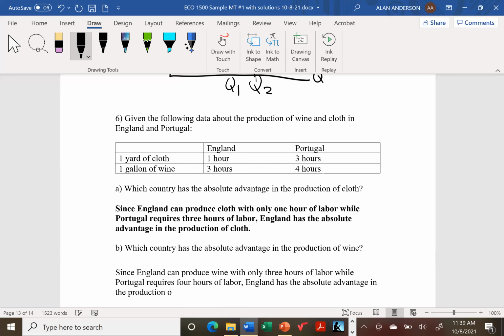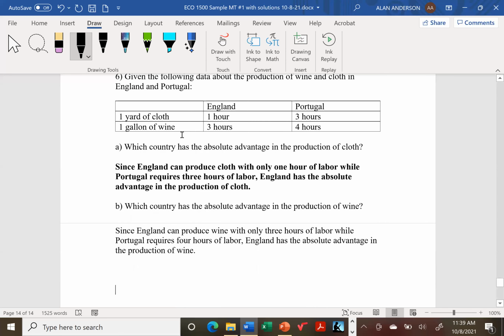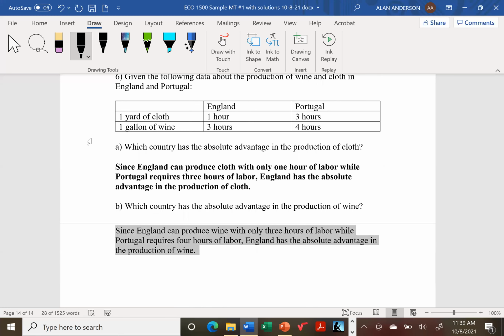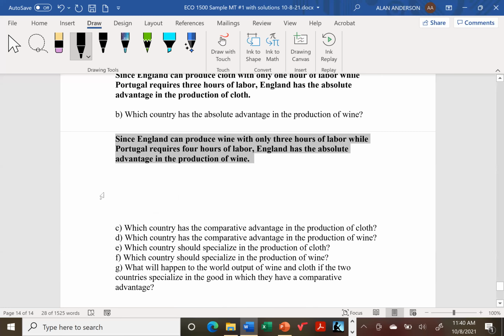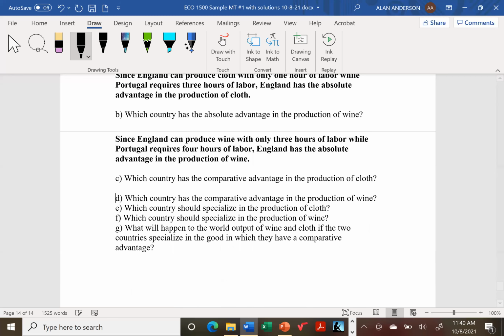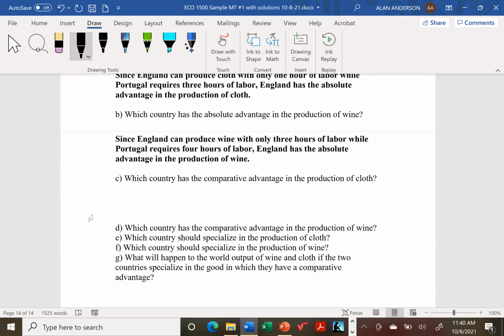Now, you might think because they have the absolute advantage in both goods that there's no trade that can take place here, but it's actually not true. Because what we really want to do is focus on comparative advantage. So for England, producing 1 yard of cloth requires the sacrifice of, now here's the big question, how much wine do they have to give up?